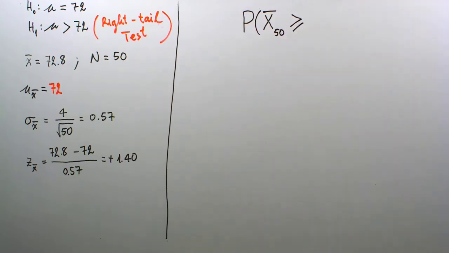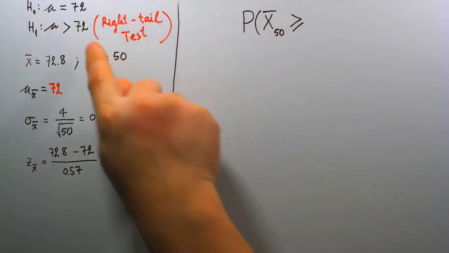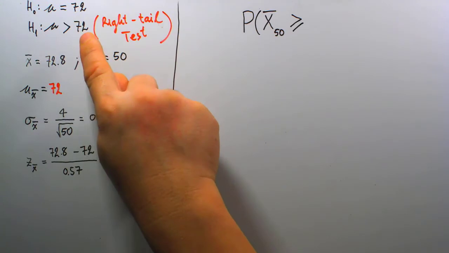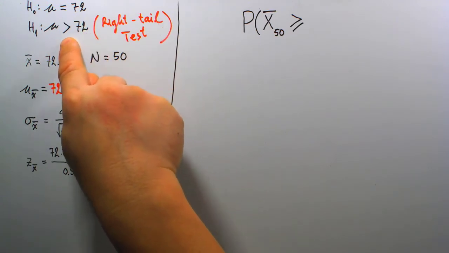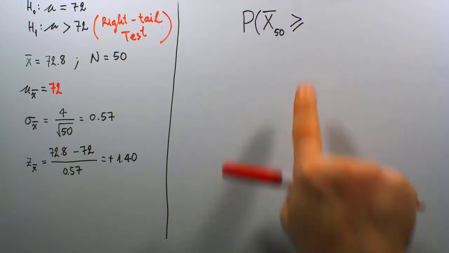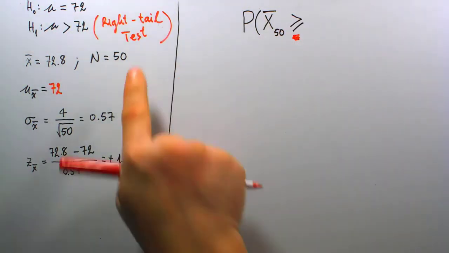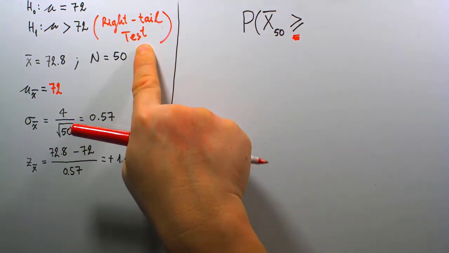Again, to highlight that I'm using the right tail inequality here simply because our H1, our alternative hypothesis, has an inequality that points to the right hand side. And further, this right tail inequality is to be consistent with what we decided earlier, that our test procedure is a right tail test.